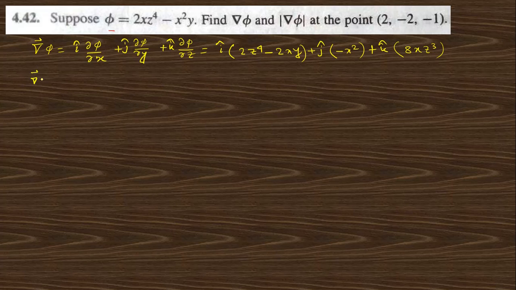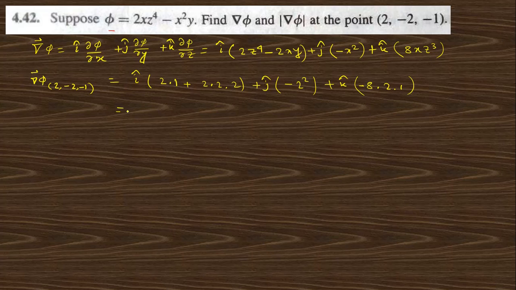So at the point (2, -2, -1), just put in the values. I cap: 2z to the power 4, that is 1, minus 2, x is 2, y is minus 2, this becomes plus. Plus j cap minus x square, that is minus 2 square, plus k cap 8, x is 2, z is minus 1 whole cube, there is a minus.